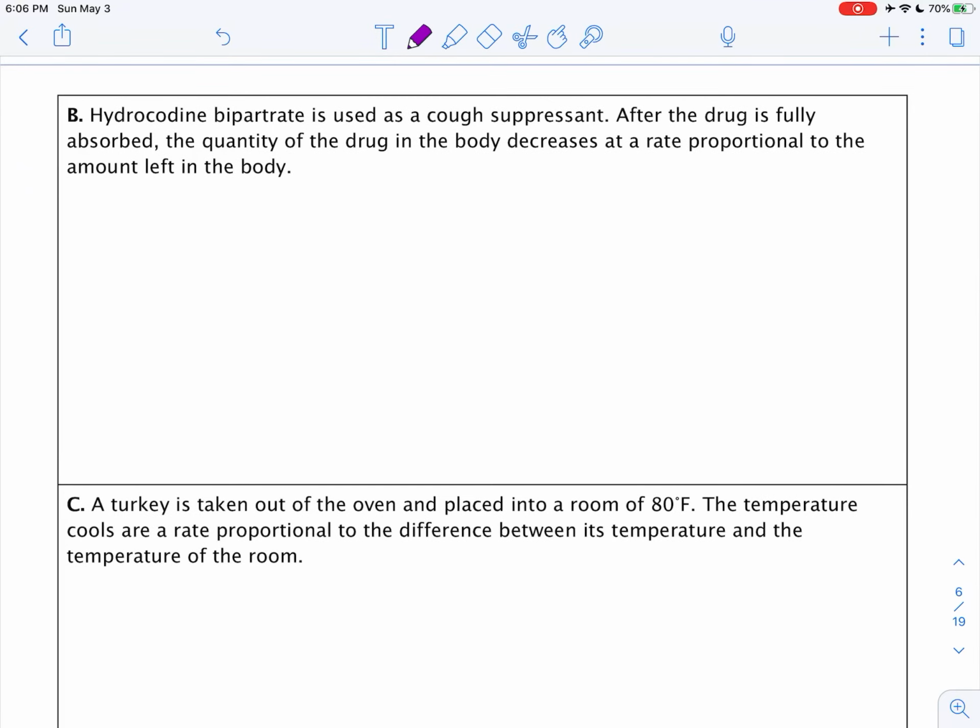All right, this is similar. Hydrocodone bitartrate is used as a cough suppressant. After the drug is fully absorbed, the quantity of the drug in the body decreases at a rate proportional to the amount left in the body. So again, we need to introduce some letters. So let's say let H equal the amount of the hydrocodone bitartrate in the body at time t.